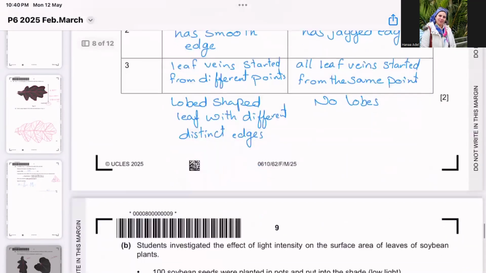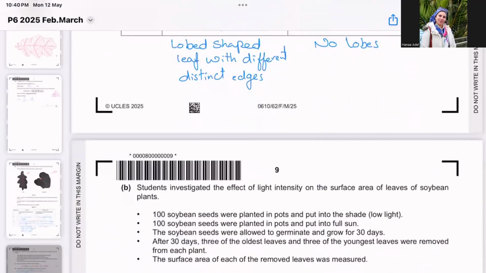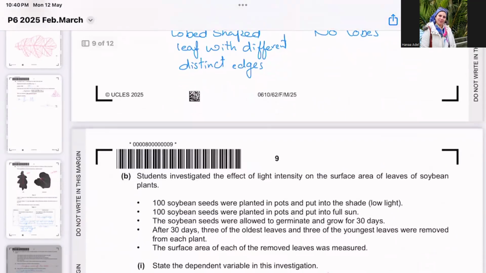A student investigated the effect of light intensity on the surface area of leaves of soybean plants. The first part is 100 soybean seeds were planted in a pot and put in the shade, which is low light. 100 soybean seeds were planted in a pot and put in full sun. The soybean seeds were allowed to germinate and grow for 30 days. So we have this is a control variable and this is a control variable.